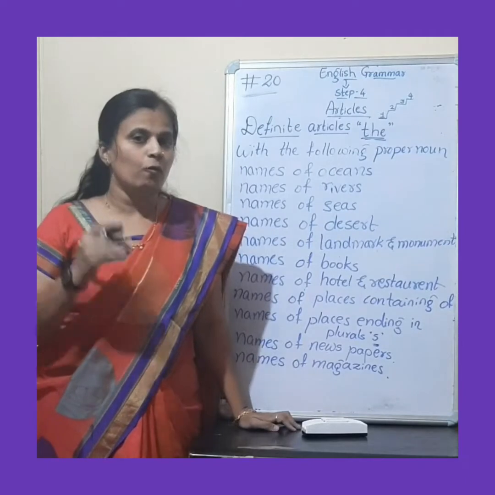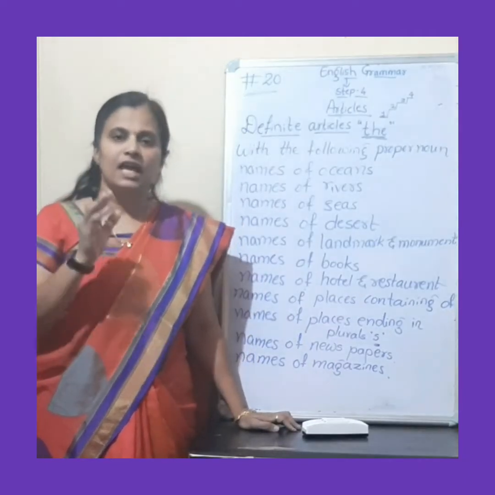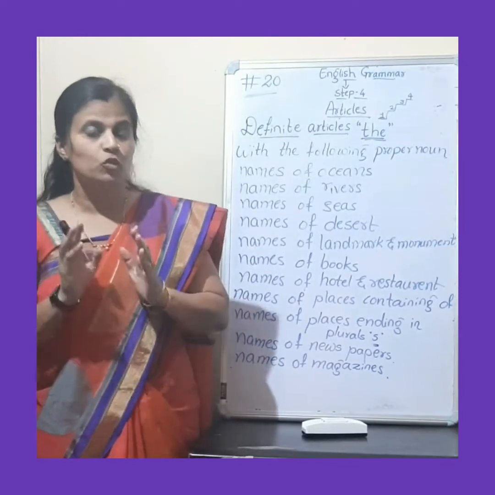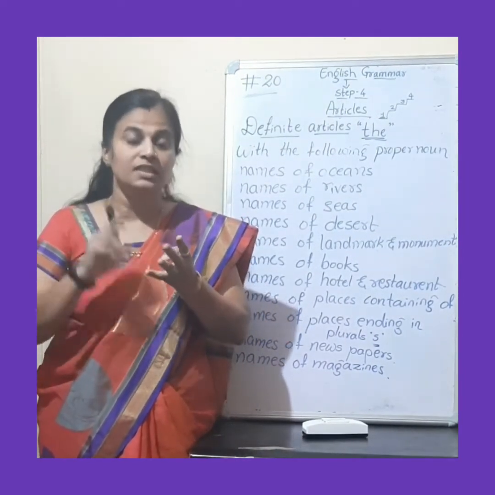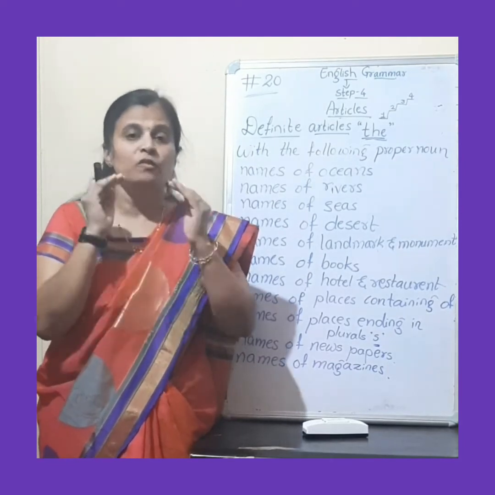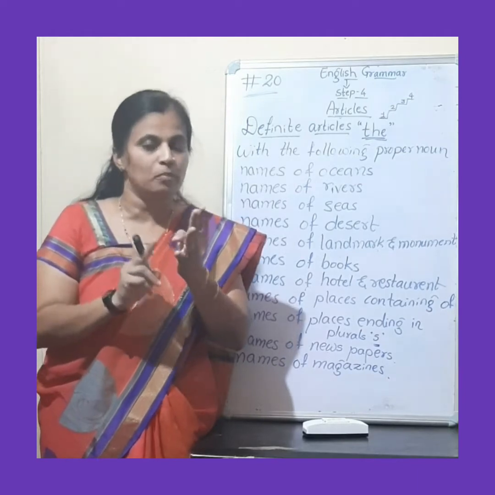Let us now know when the definite article the is to be used. The definite article the is to be used when we are talking about a person, place, animal or thing a second time in a sentence, meaning when we know particularly or specifically about the place, animal, thing or person.